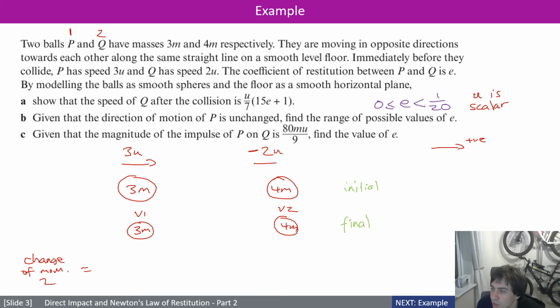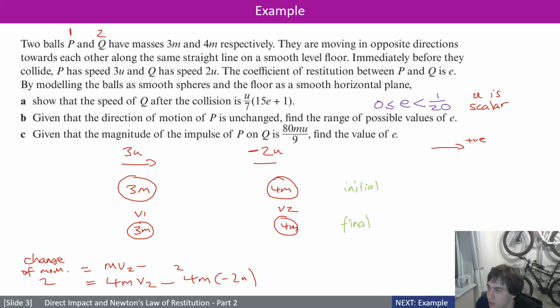That's equal to its final momentum minus its initial, which in our case, how much do we know there? Final was V2 and its mass was 4m, and its U2 was minus 2U.